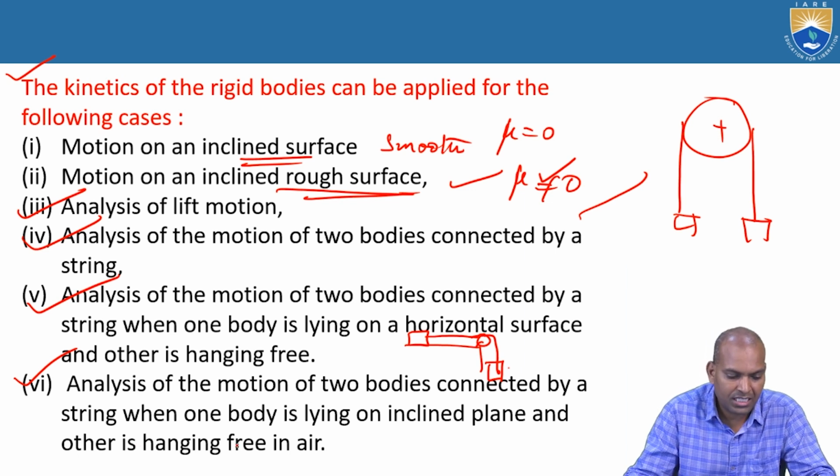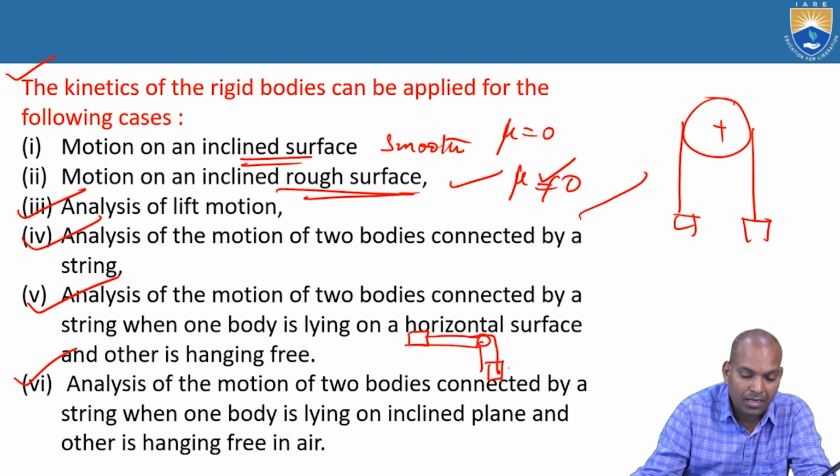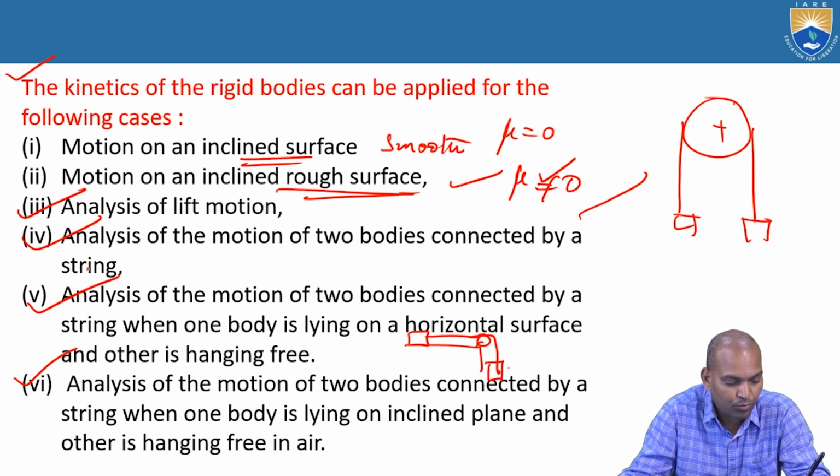These are the different cases. There are 6 cases, and for all of them we can apply D'Alembert's principle to do the force analysis for lift motion and the motion of two bodies connected by a string.